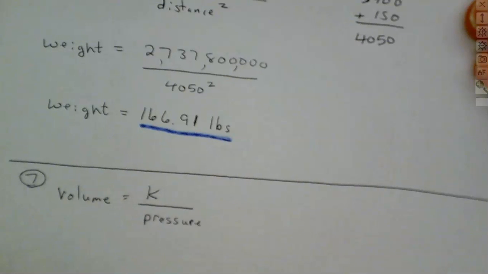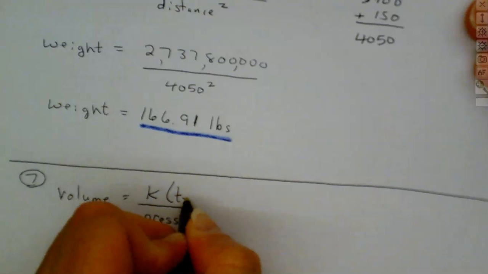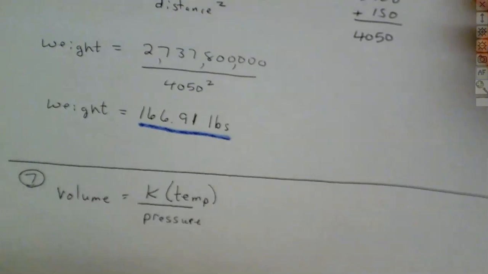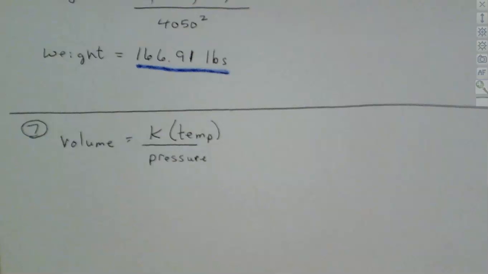And directly by the temperature, so that means my temperature goes on the top. So there's our formula, right? Volume equals K times the temperature, divided by the pressure. Now, what do we know? The volume that they give you, that this gas occupies, is 2.2.